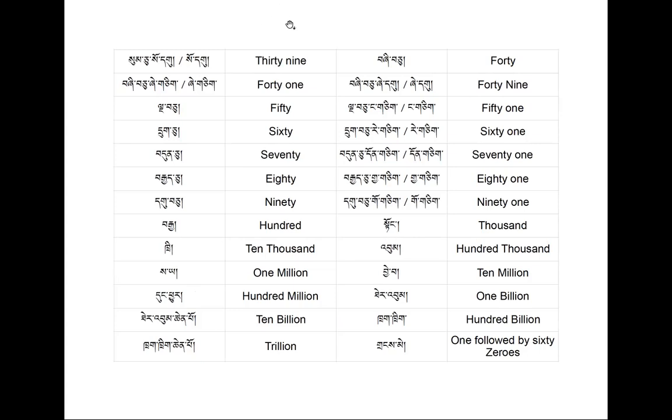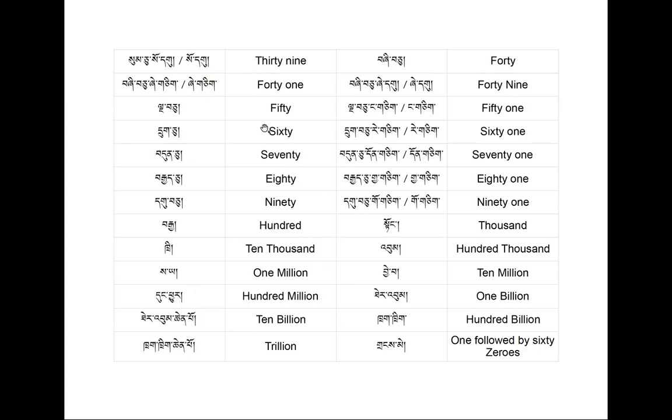So the other thing that needs to be understood is that once we start talking about the hundreds and thousands, one will be written as chik, and two will be written as nyi, and three will be written as sum. That's the only difference. Otherwise, it's the same.